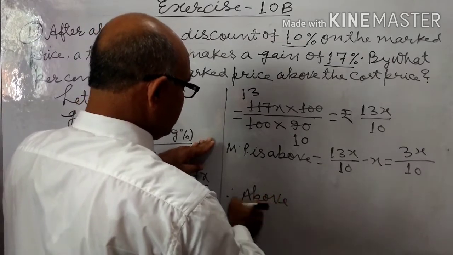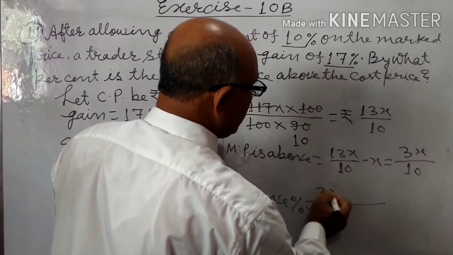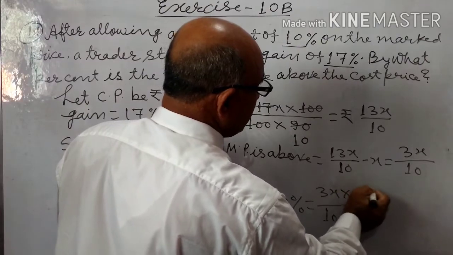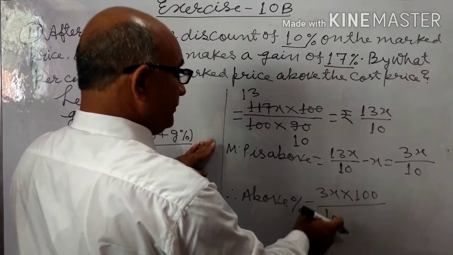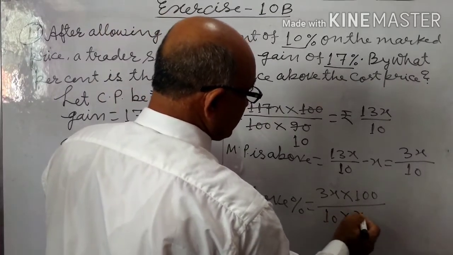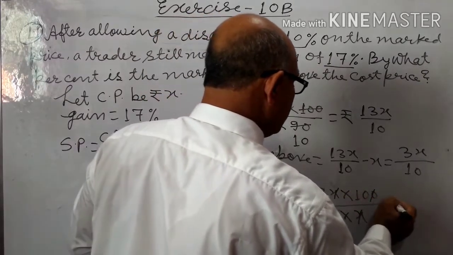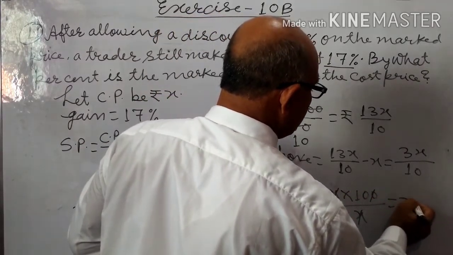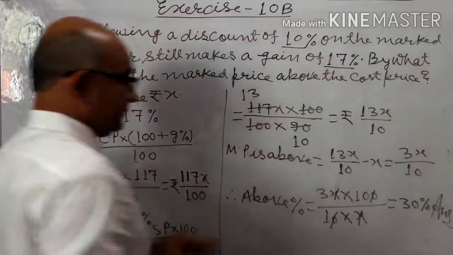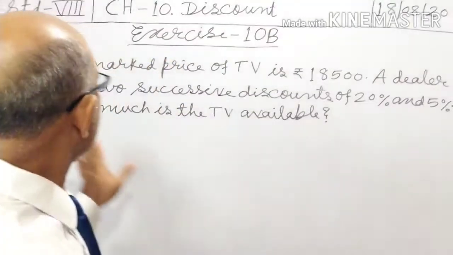Therefore above percent equals above into 100 by CP. 3x by 10 into 100 by x. x and x cancel, 0 and 0 cancel, equal to 30%. Answer. Understand and write. Students, next question.